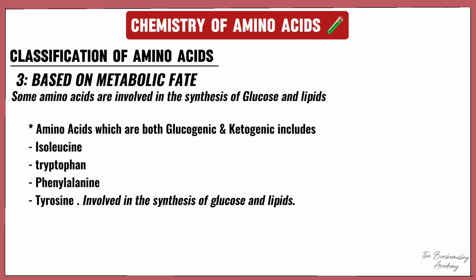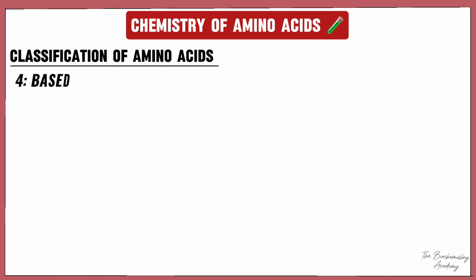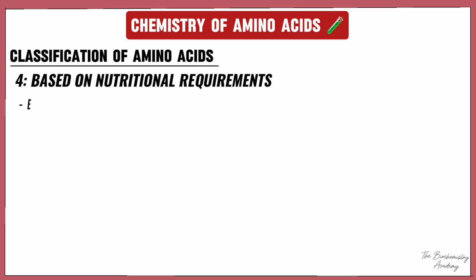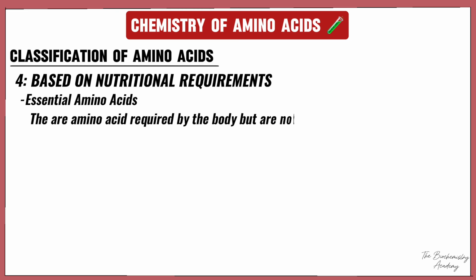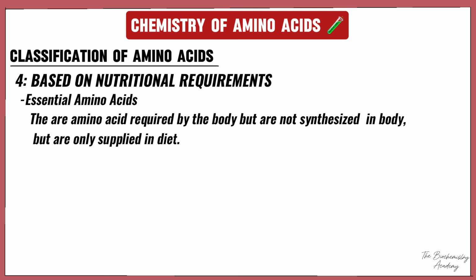Now, we'll talk about the next classification, which is classification based on nutritional requirements, which can be essential, non-essential, or semi-essential. For us to say that an amino acid is essential, it means that it is required by the body, but it cannot be synthesized in the body, and therefore it is supplied in our diet.